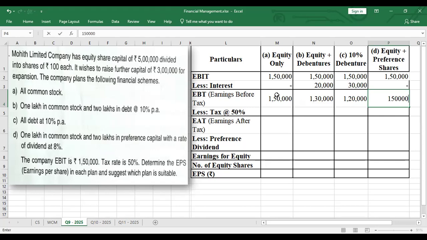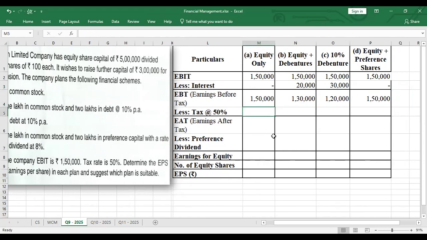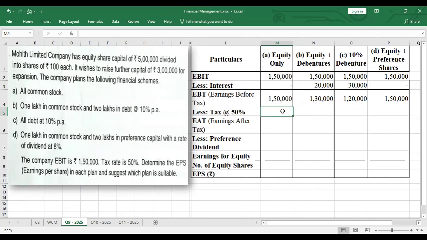Last one is 1,50,000. Now, tax rate, that is 50%. They have given 1,50,000 into 50%, 75,000, 65,000, 60,000, 75,000.